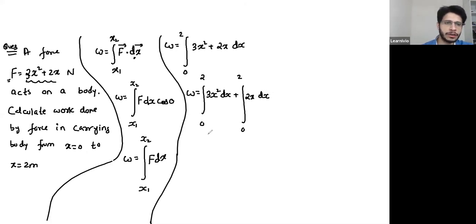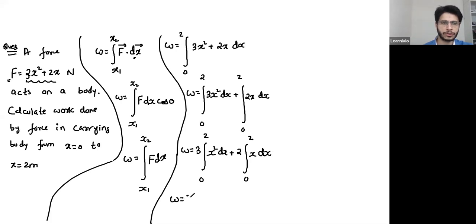Now you can take the constant 3 outside, giving the integral from 0 to 2 of x squared dx, plus the constant 2 outside, giving the integral from 0 to 2 of x dx. The integral of x squared is x to the power 2 plus 1 divided by 2 plus 1, with limit 0 to 2.